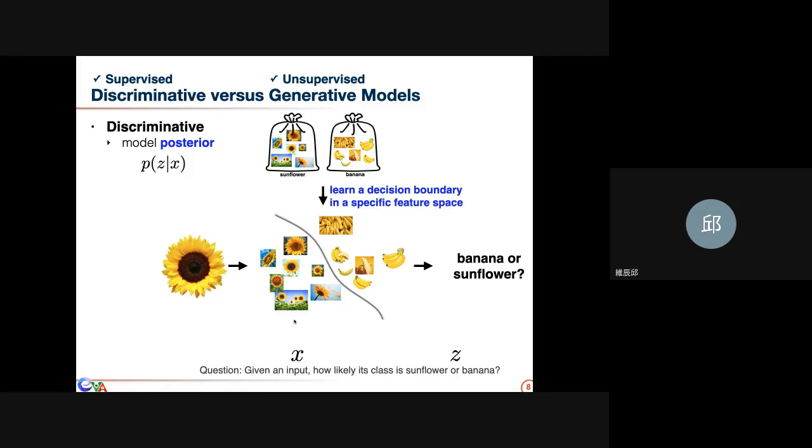Once you have similar equations in this form, for example, given an input, how likely its class is sunflower or banana, then most of the time we try to solve it with discriminative methods, trying to discriminate between different classes or categories, right?